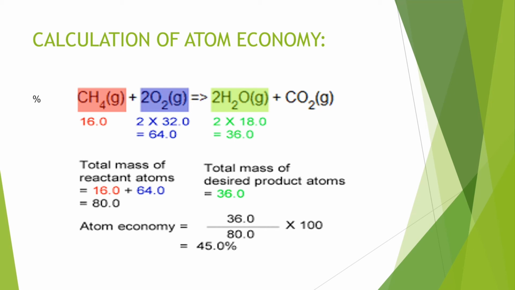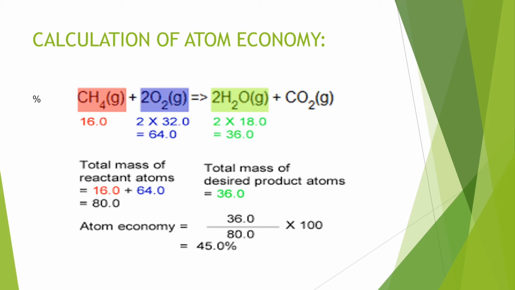CO2 is a gas, so there is no molecular mass counted for it. 2H2O is 2 times 18, 36. Total mass of reactants we add, 16 plus 64, and the total mass of the desired product is 36.